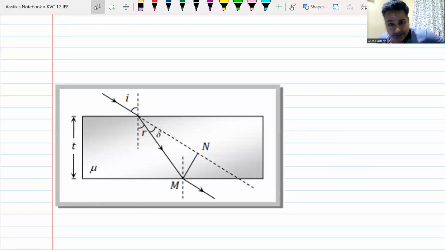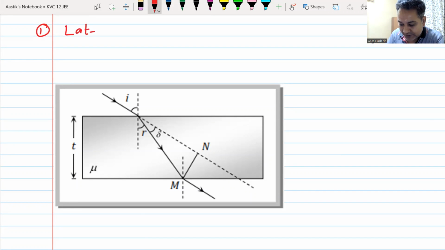So what I was saying was the principle of reversibility of light rays, and what we are going to do is the application of what we have done. So we are dealing with refraction at plane surfaces, and the first application of refraction at plane surfaces is known as lateral shift.